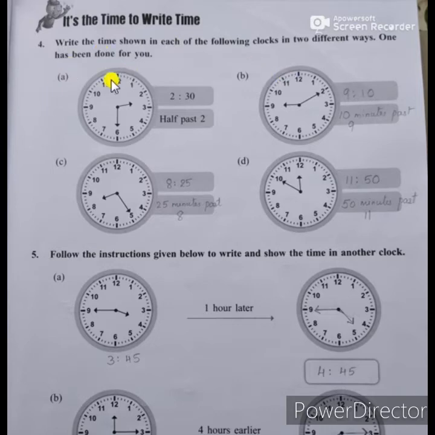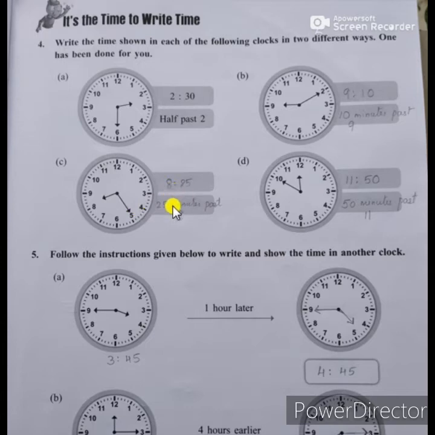The first one has been done for us. The first one is 2:30 or half past 2. Now see the second clock, the time is showing 9:10. We can write 9:10 or 10 minutes past 9. Now question C, the time is showing 8:25.